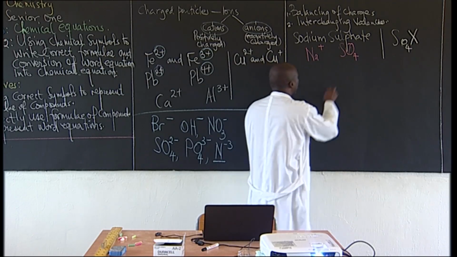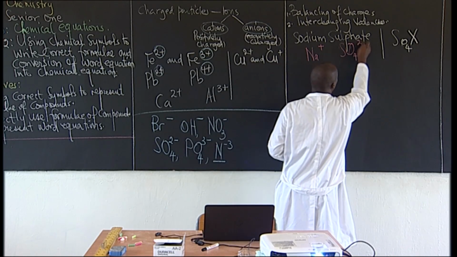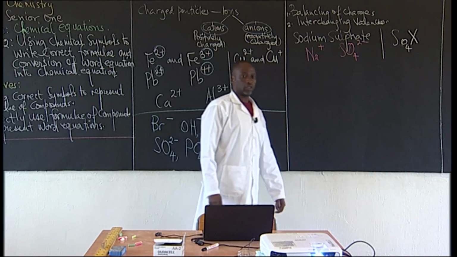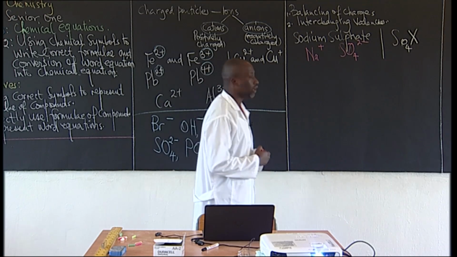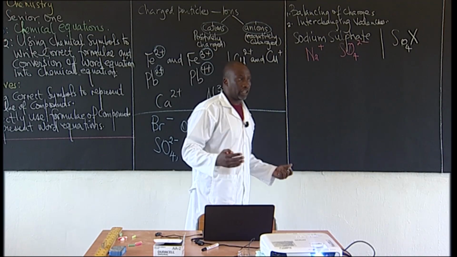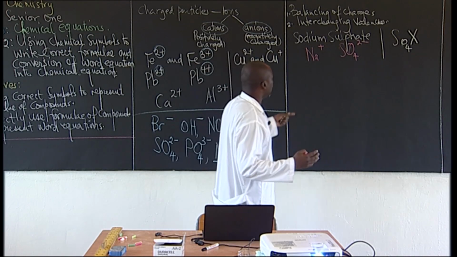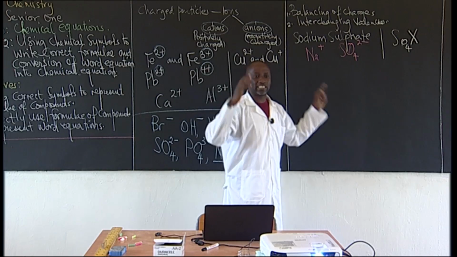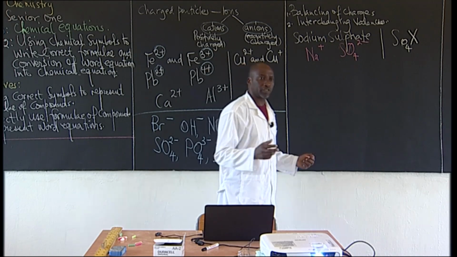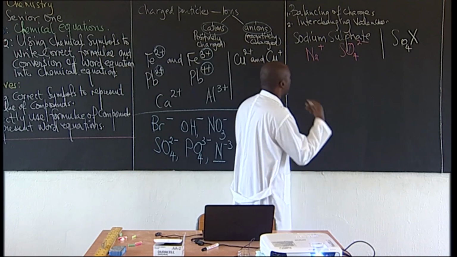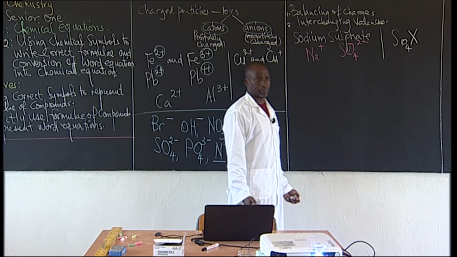What is the charge on this? We said -2. Now, after knowing that one, then things become very simple. You need to balance the charges. The number of charges must balance. How do you balance them?